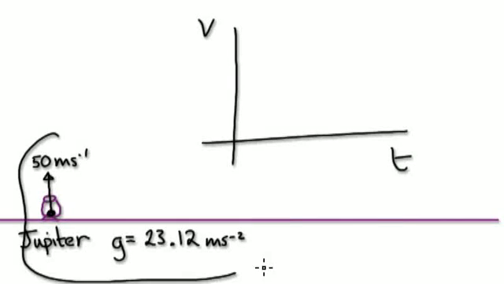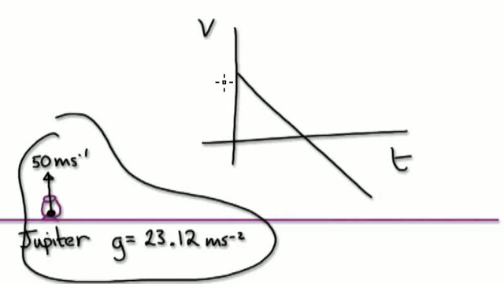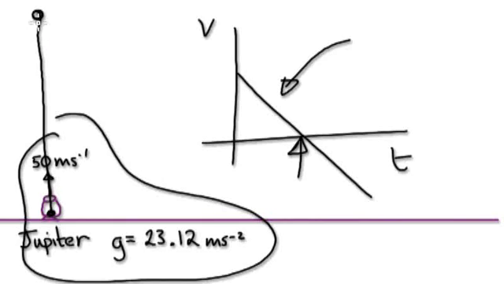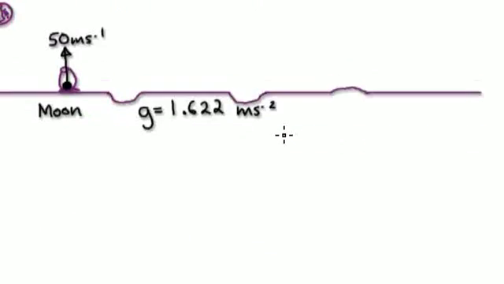Once you're given this problem, jump to the velocity time graph and come up with the equation for this straight line, and you're trying to find out the time at which the velocity is 0, meaning the time at which the cannonball is right at its peak. So find out the time. That time represents this width here, and then all you have to do is find out the area of this triangle.